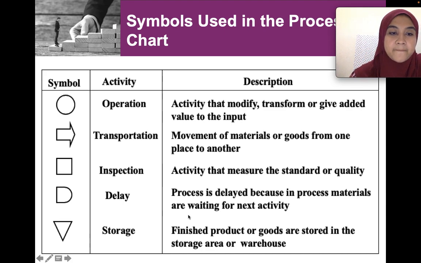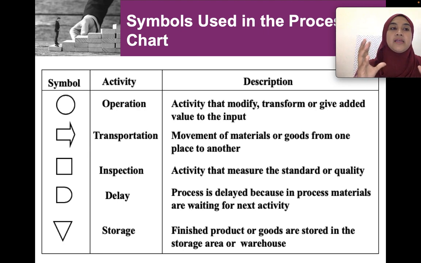So the next is the D shape here. It means the delay. It means that the process is delayed because in-process materials are waiting for the next activity. For example, in the case of bomboloni just now, let's say you already made the bomboloni, but you have to wait for the jam.